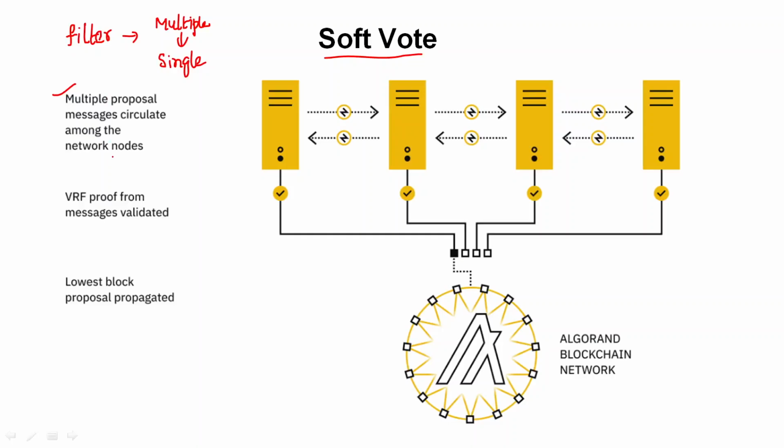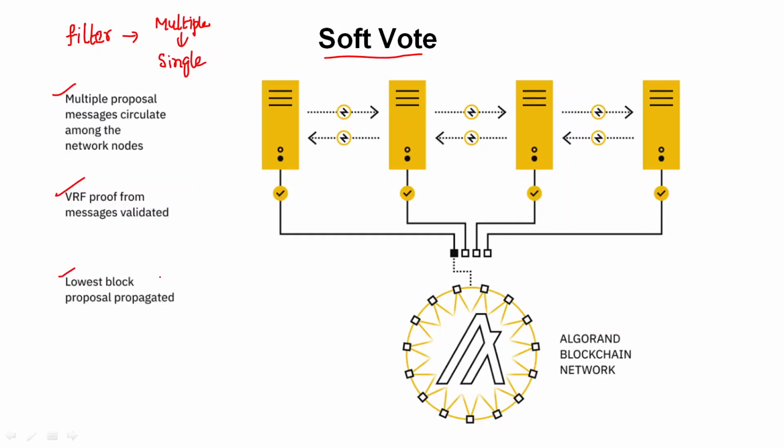Here what happens is every node in the network will be getting many proposal messages from the surrounding nodes. The idea is to verify the signature of the messages and then validate the selection using the VRF proof. The node will compare the hash from each of these validated VRF winners and identify the lowest block proposal.